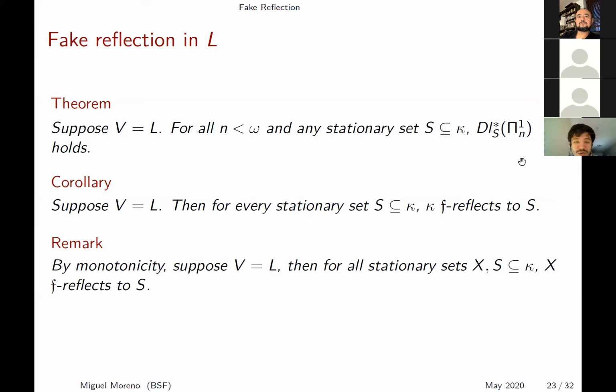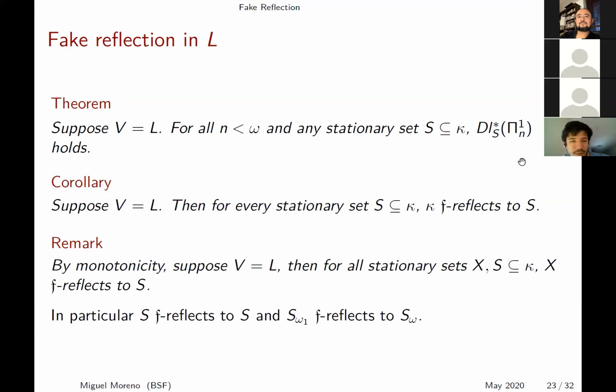Monotonicity: if you're still working in L, then for every stationary sets X and S, X filter reflects to S. So we have indeed filter reflection in L always, for every X and S. In particular, now we have a notion of S reflecting into S, and even more, S omega 1 filter reflects to S omega.